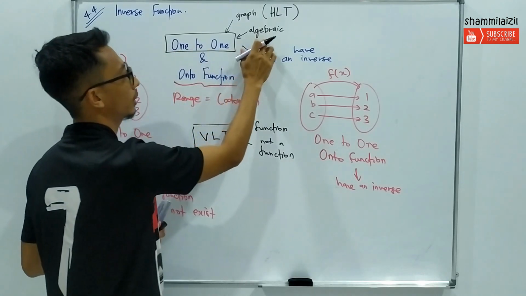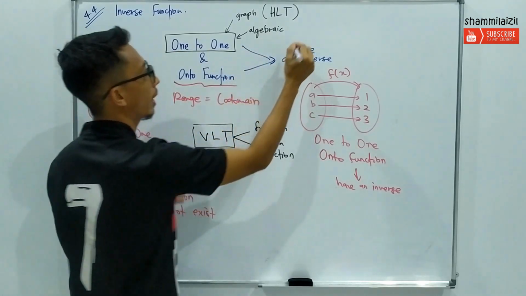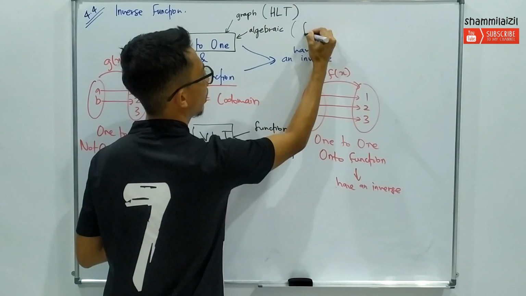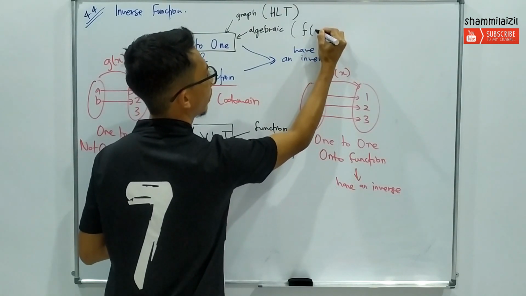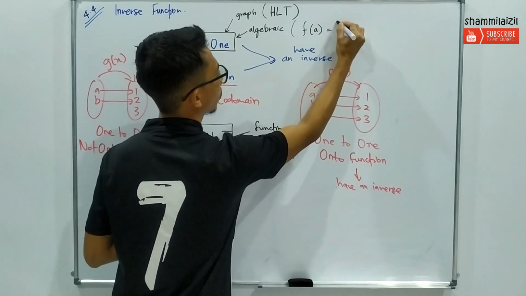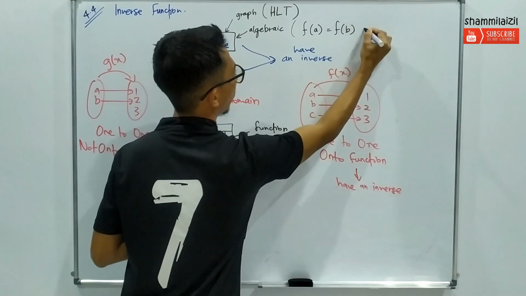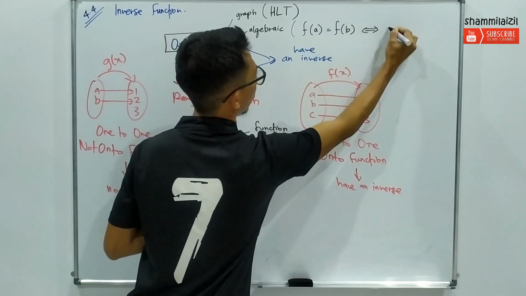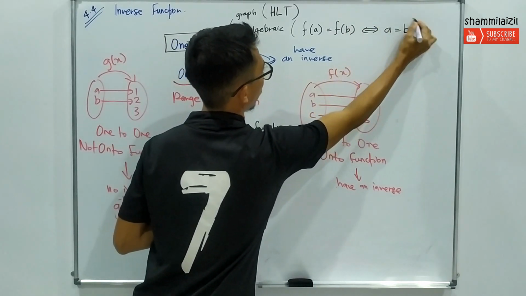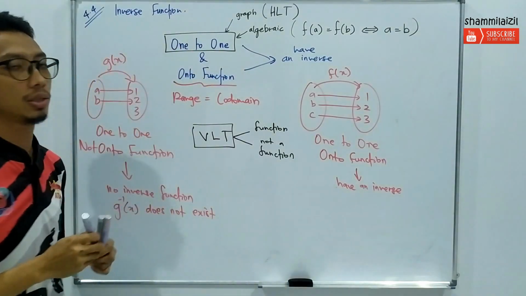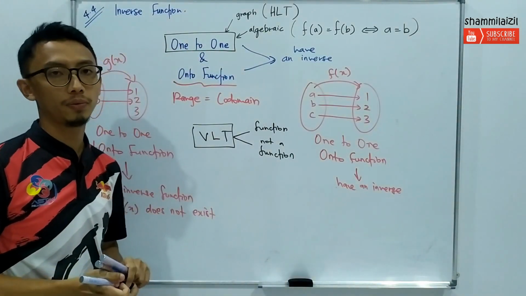Then of course we can do it algebraically by using the formula f(a) equals f(b), which then implies a equals b. If not, it is not a one-to-one function.